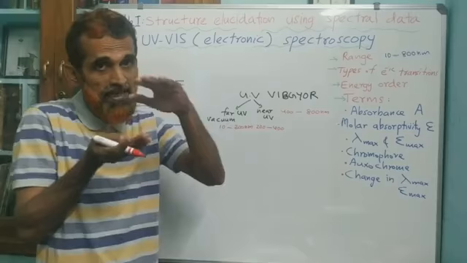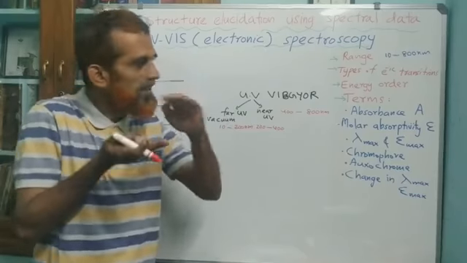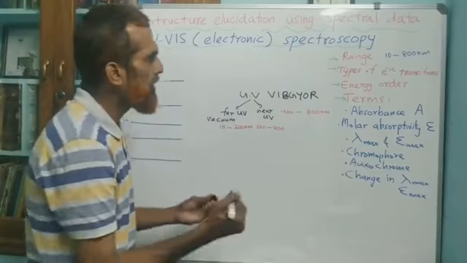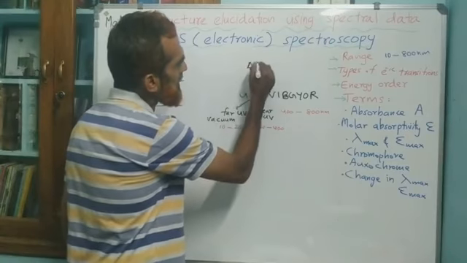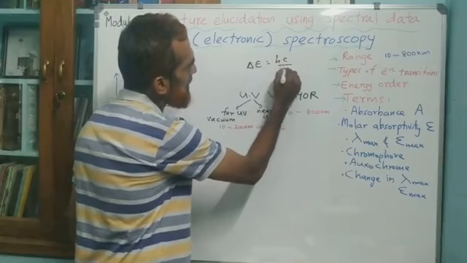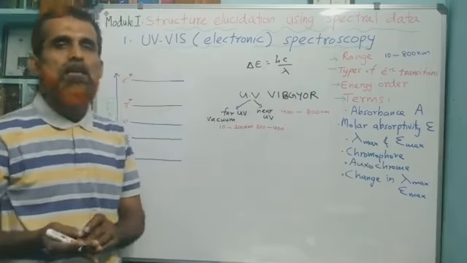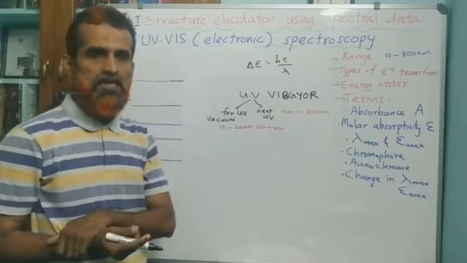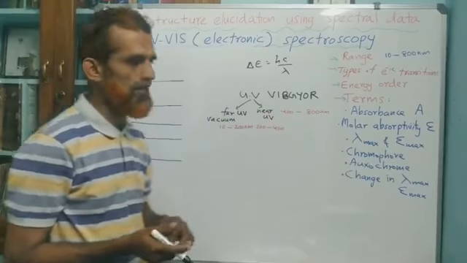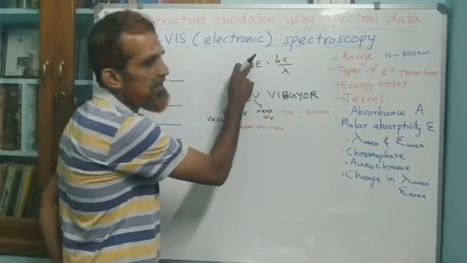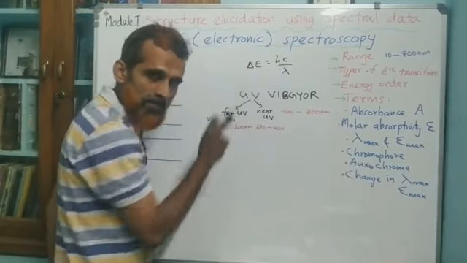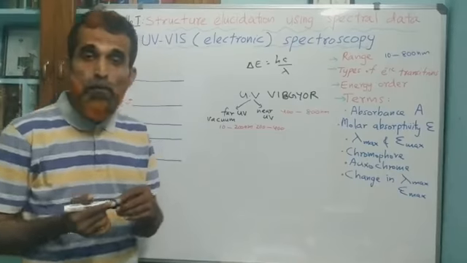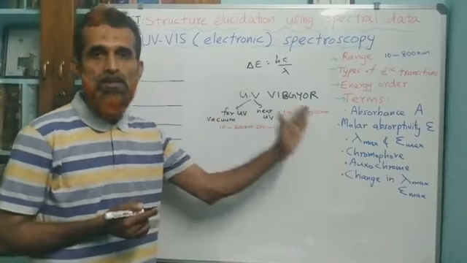That depends upon the energy gap. According to Planck's equation, delta E is equal to hc by lambda. For convenience, in electronic spectroscopy, we represent the radiation in terms of wavelength in nanometer. So, smaller the energy, larger the wavelength, right? So, when energy gap decreases, the absorption will move to larger wavelength.